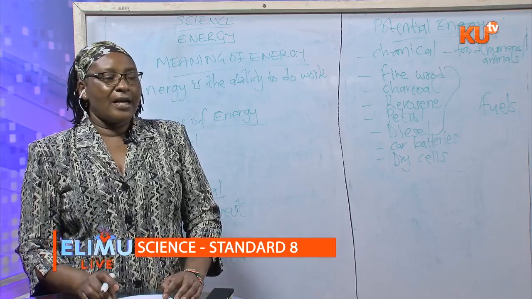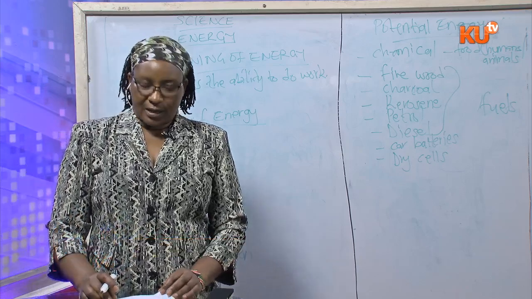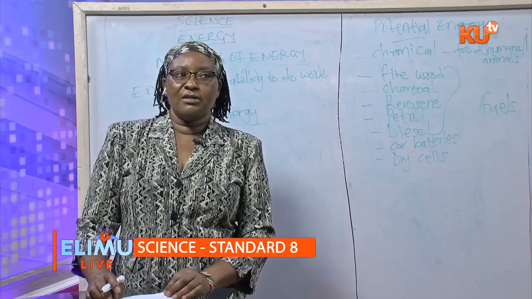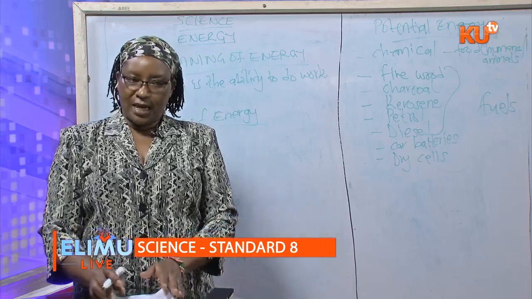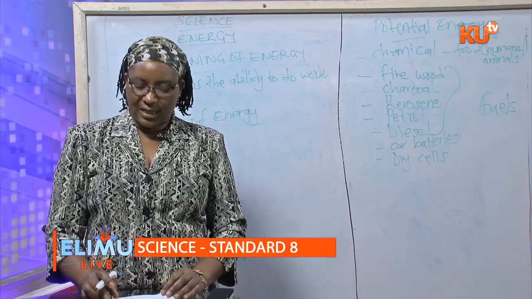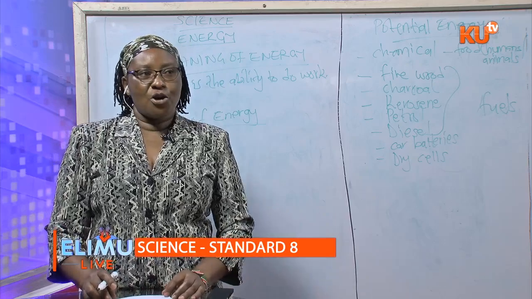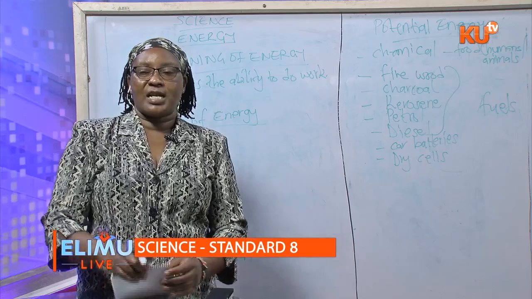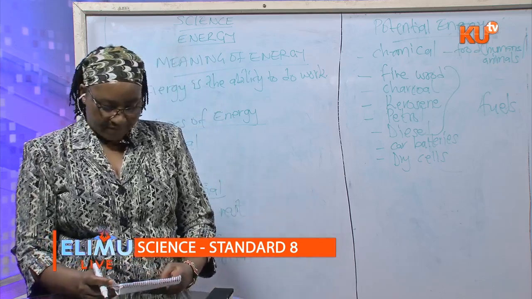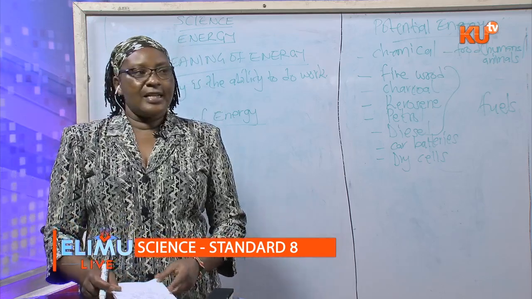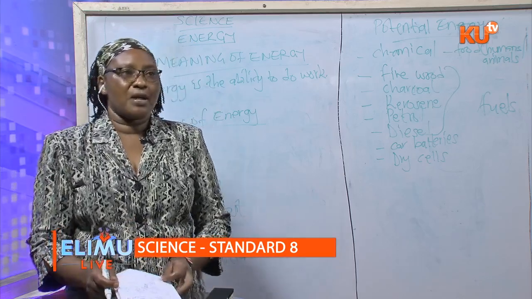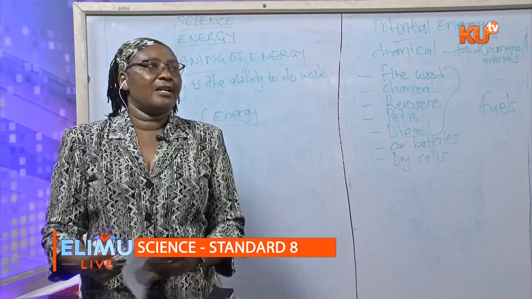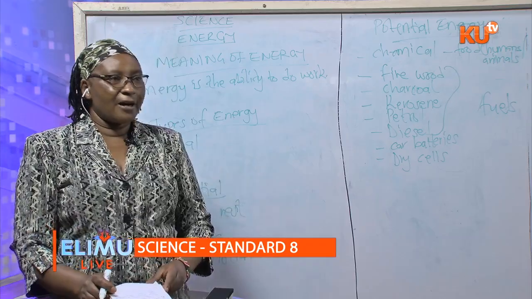So remember, initially it was chemical energy, and then when you have eaten the food and it's being digested, you start feeling hot or warm because now the chemical energy has turned to another type of energy. Now, this energy is also used when we do some work. It is the one that enables us to work.